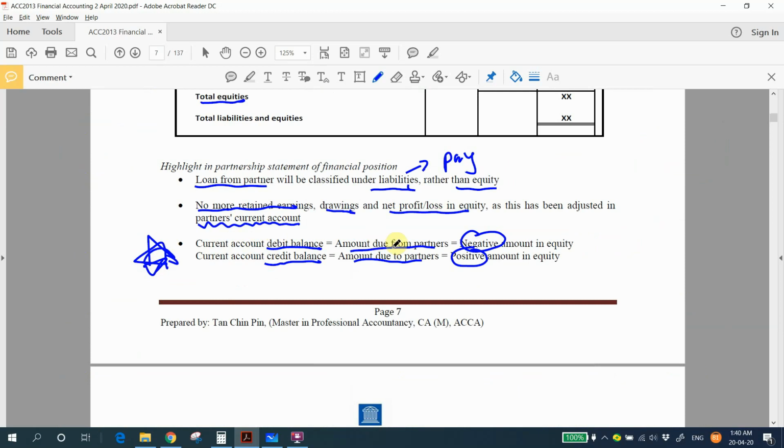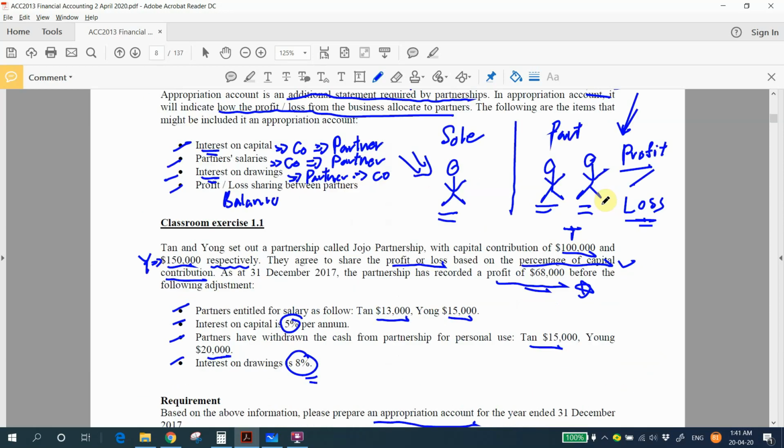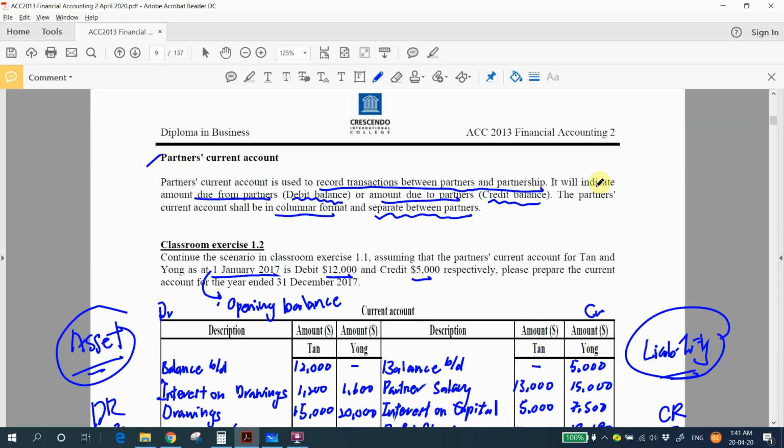Current account debit balance, amount due from partner, negative amount in your equity. And current account credit balance, amount due to partner, positive amount in the equity. So I will show you this in the exercise later in 1.3. And that's all for the current account.